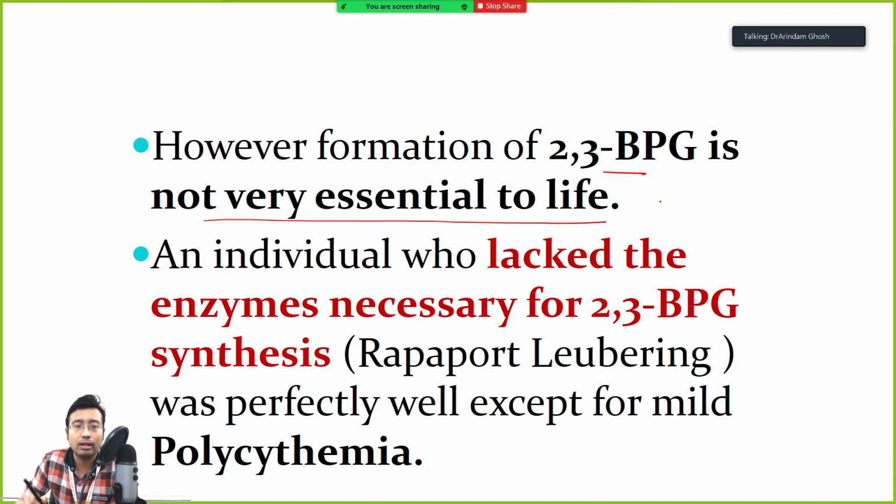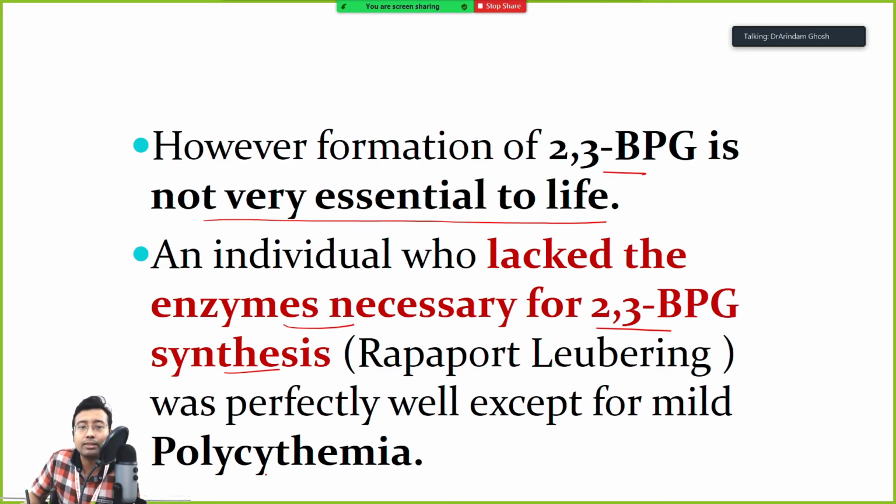There are a few individuals in which this gene or enzyme may be non-functional or mutated. Those who are having a problem in the Rapoport-Luebering shunt. That is, during formation of 2,3-BPG, the enzymes of RLS, the Rapoport-Luebering shunt, remain non-functional, and they remain fully healthy till their adult life.